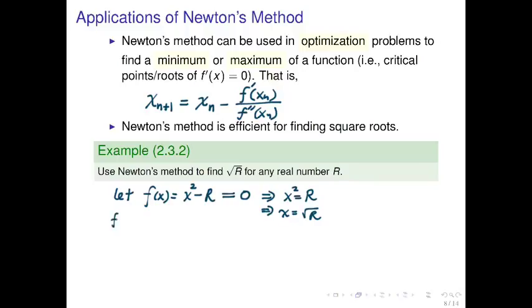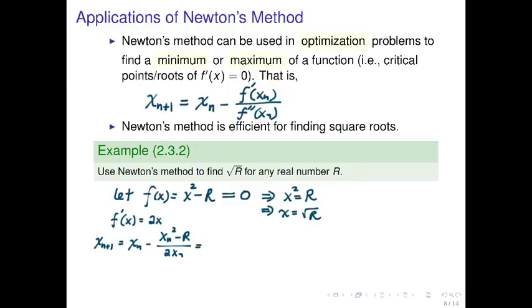First, we notice that the derivative of f is simply 2x. So we apply Newton's method to this function to get x sub n plus 1 equals x sub n minus f of x sub n, which is just x sub n squared minus r, divided by f prime of x sub n, which is just 2x sub n.